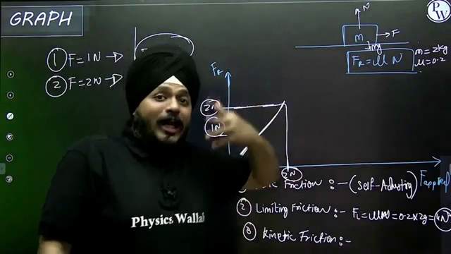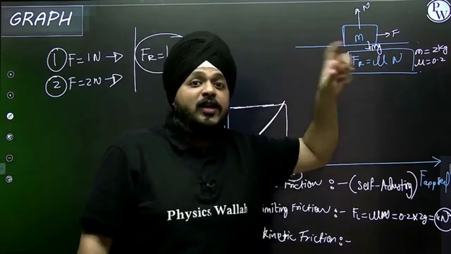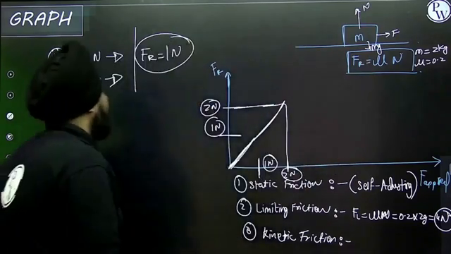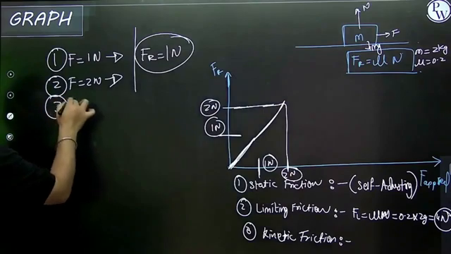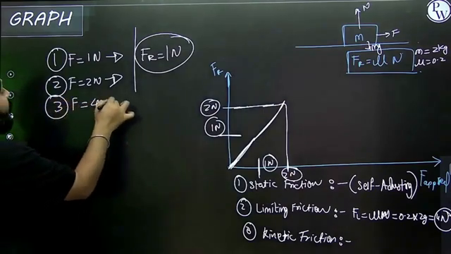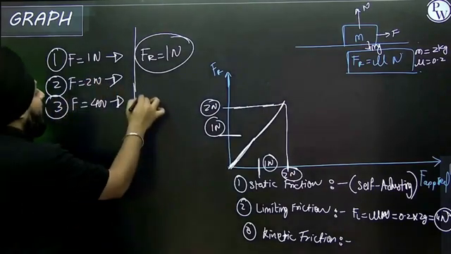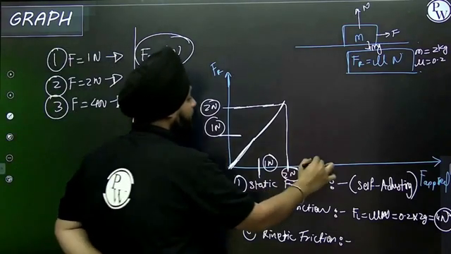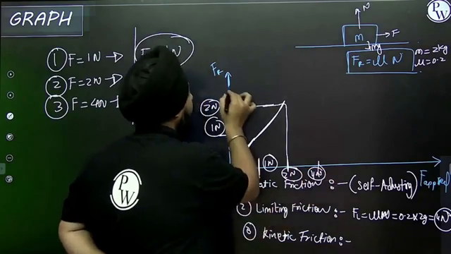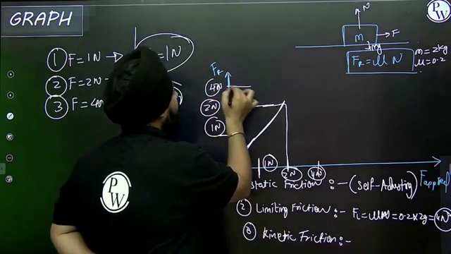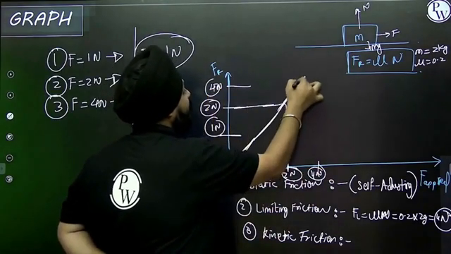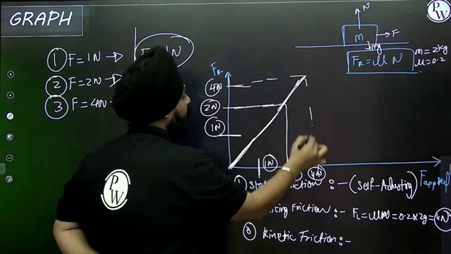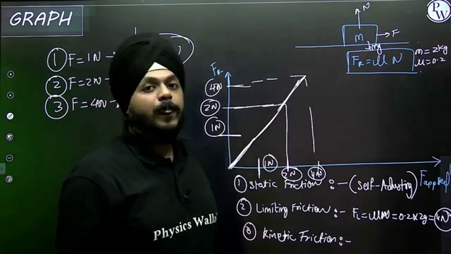Up to what limit will the static friction try to self-adjust? Now the external force applied is 4 Newton. Again the static friction will be 4 Newton. So suppose this is 4 Newton, and this will be 4 Newton. So it will try to self-adjust up to this, like this way.